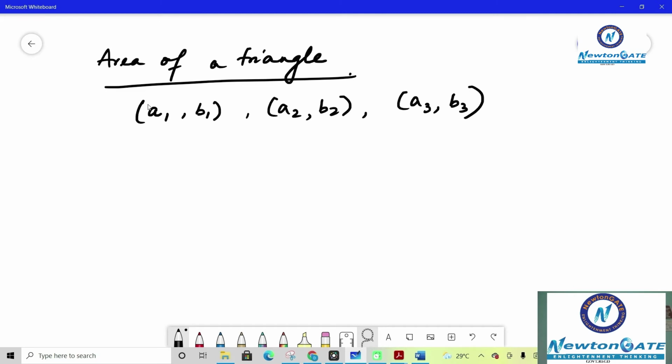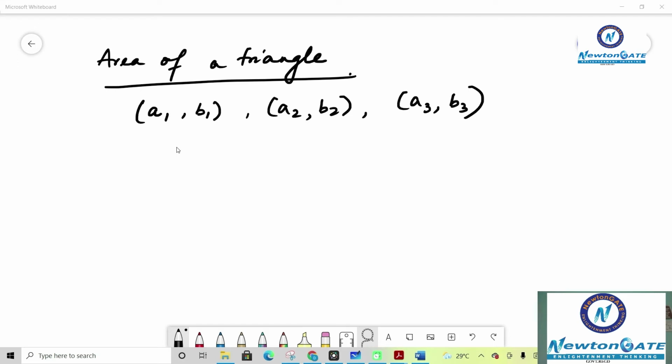Now we want to see whether these points form a triangle or not, and if yes, what will be the area of that triangle. For finding the area of the triangle, we have a very important as well as very easy formula that requires the knowledge of determinants.